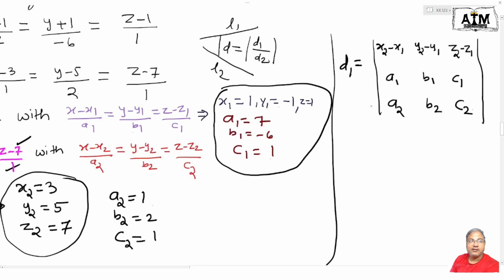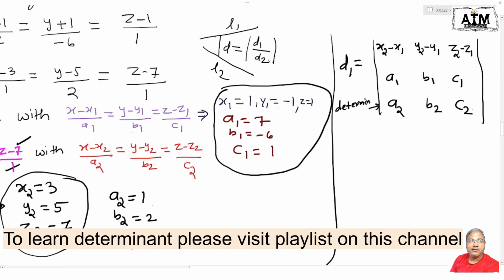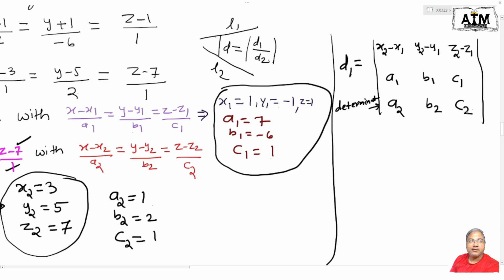d1 is given by a determinant. This is not modulus, it is a determinant. The determinant of x2 minus x1, y2 minus y1, z2 minus z1 in the first row, a1, b1, c1, then a2, b2, c2.